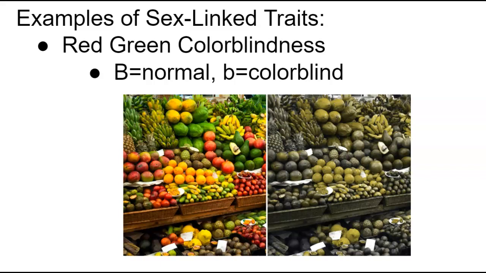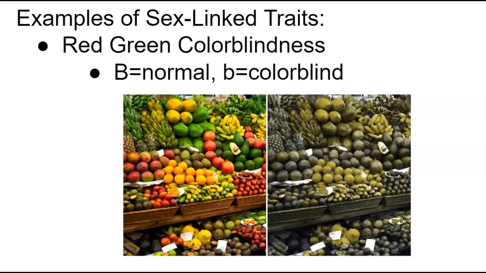So here's an example. Red-green colorblindness, that's the most common type of colorblindness. It's where red and green look the same. So this is what a person with red-green colorblindness would see, that picture on the right. So we've assigned letters to these.